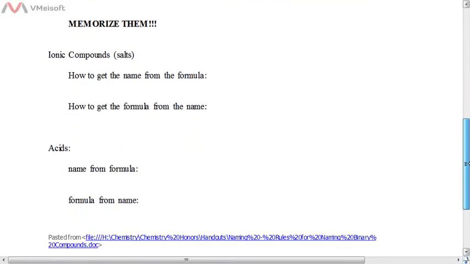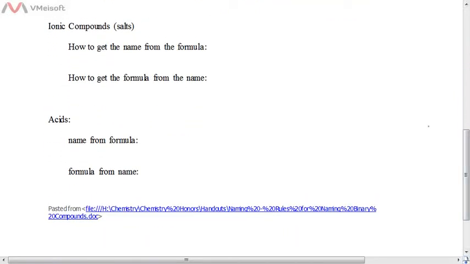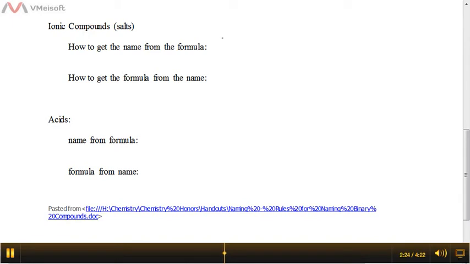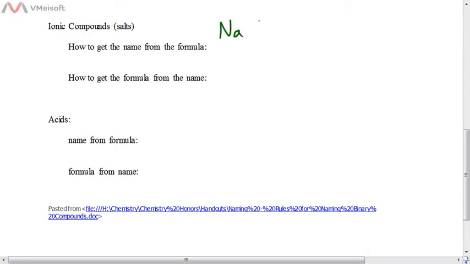Okay, so ternary just means these are compounds with those polyatomic ions in them. Salts are still made up of positively charged ions and negatively charged ions, okay? So, for example, this is called sodium, and what's this polyatomic ion? It's nitrate.